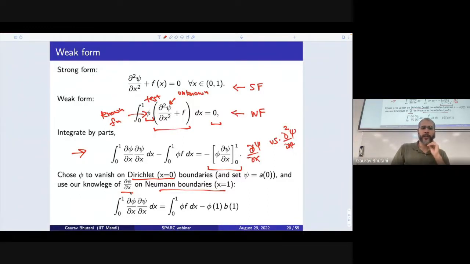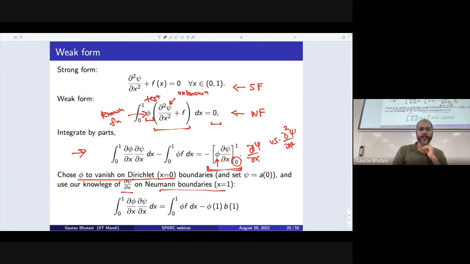Now, since the test function phi was our choice, we choose it wisely. We say that we will choose phi in such a way so that it vanishes at x equal to 0. So what that means is, we choose the test function in such a way so that it is equal to 0 at the Dirichlet boundary. Okay, so in this term, at the 0 boundary, since phi is 0, this becomes 0.